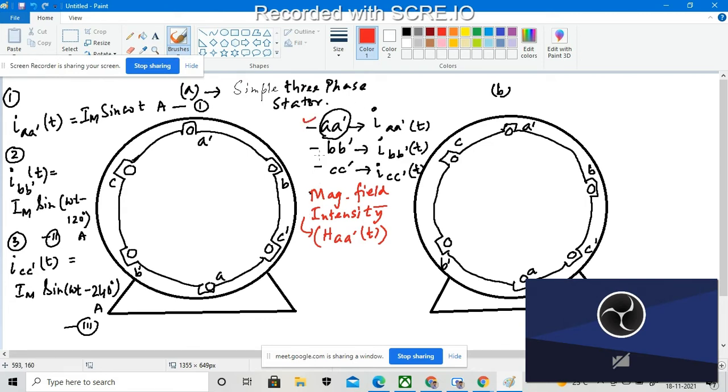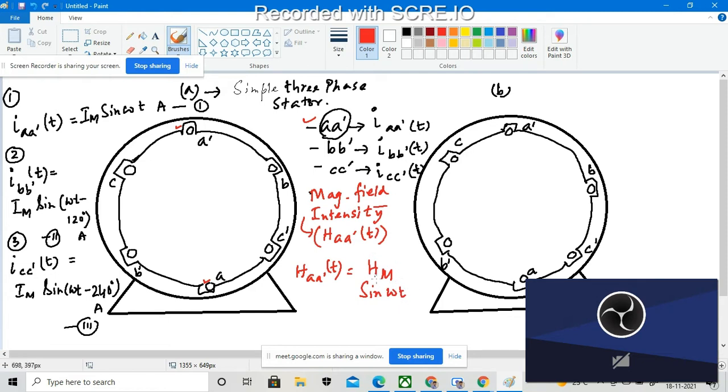So what will be the equation for the magnetic field intensity? The equation for only this particular coil A dash will be H of A dash at a particular time instant equals Hm sine of omega t.